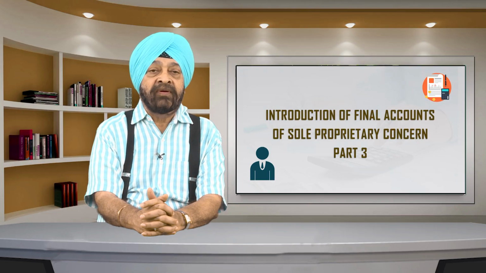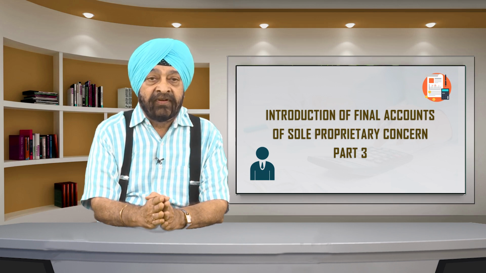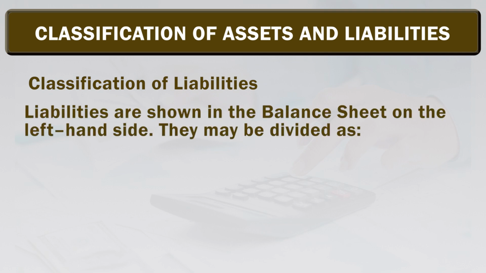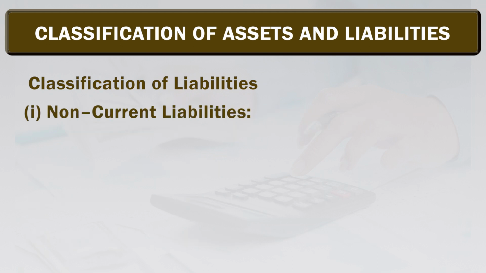After having information on classification of assets, let us have information on classification of liabilities. Liabilities are shown in the balance sheet on the left hand side. They may be divided as non-current liabilities, current liabilities and contingent liabilities. Friends, the first item of the liability side that we discuss is non-current liabilities.